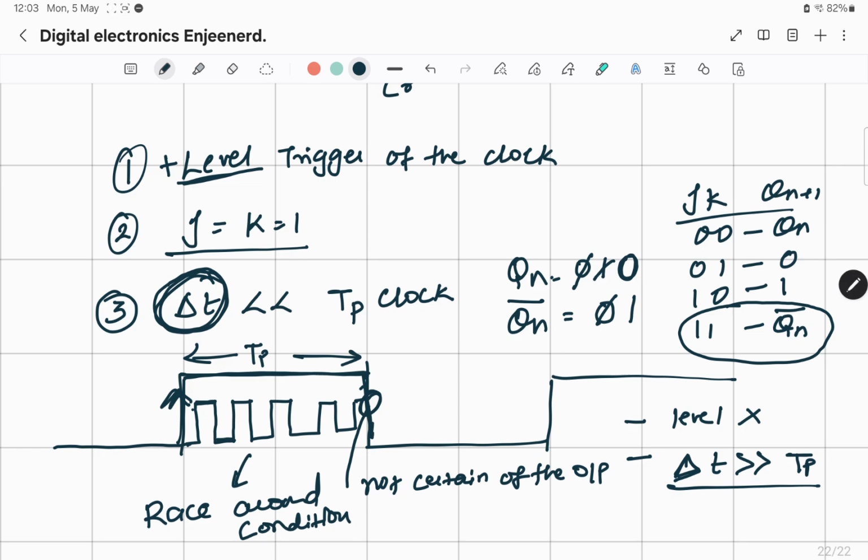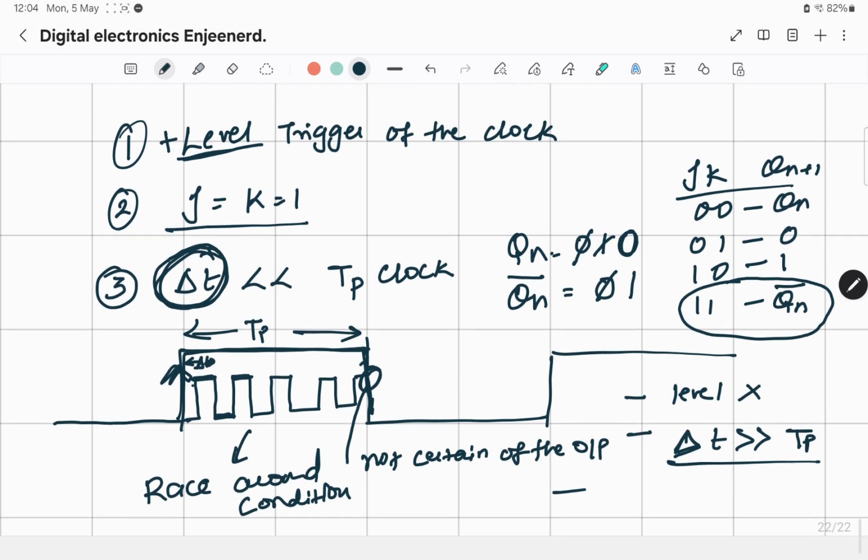If this is your delta t, a very small propagation delay, and it becomes larger than this Tp, then in a single clock pulse your output will change only once, not multiple times. So these are the methods through which you remove the race around condition.